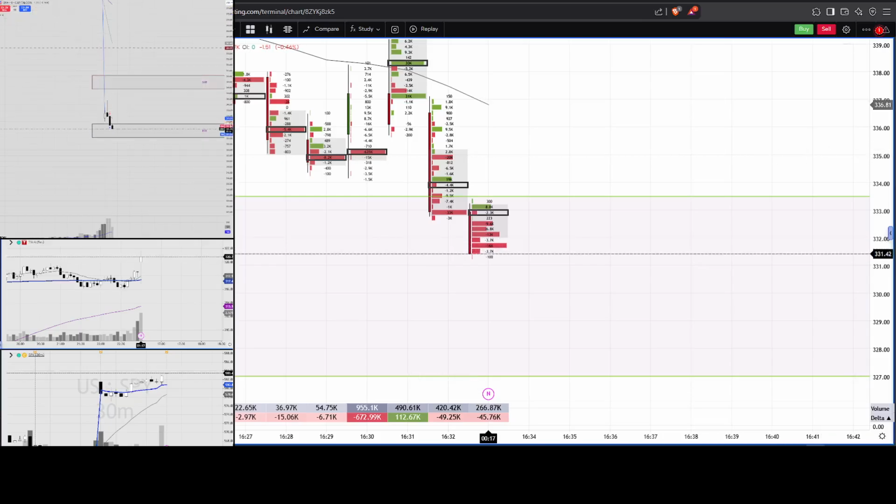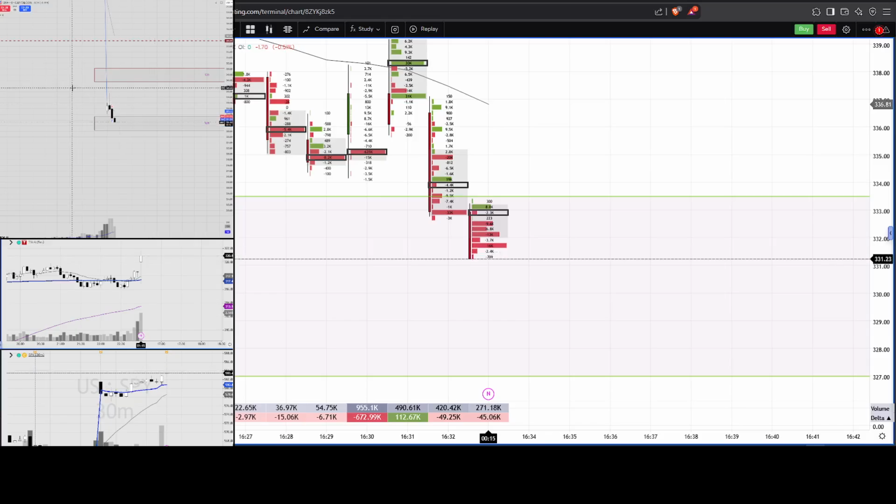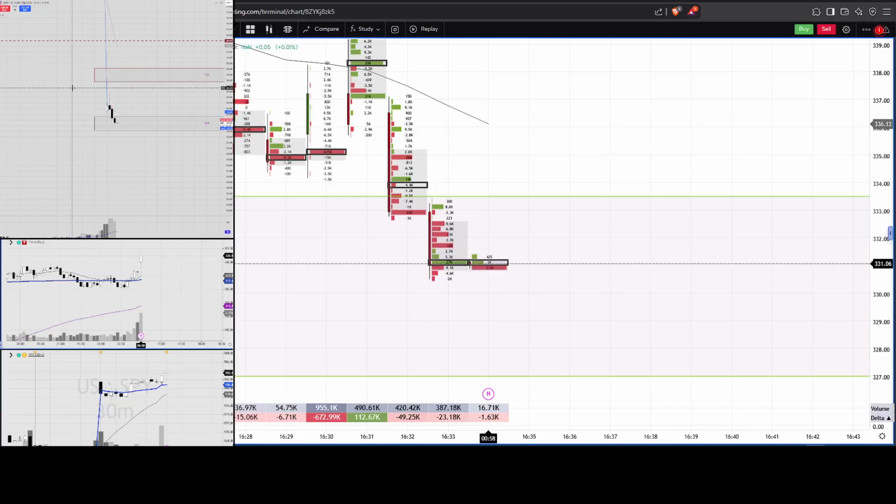Wow, I could have really held that short, but okay. I'm scared because it's the buy. Sudden influx of buyers.